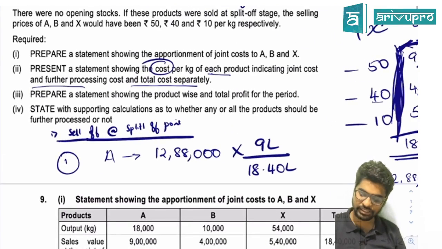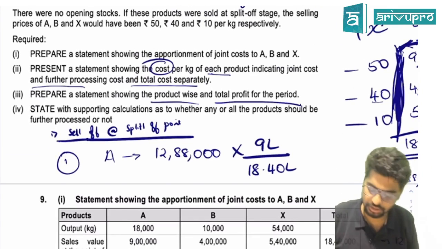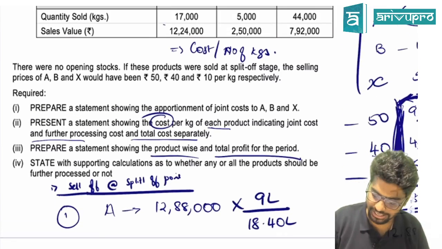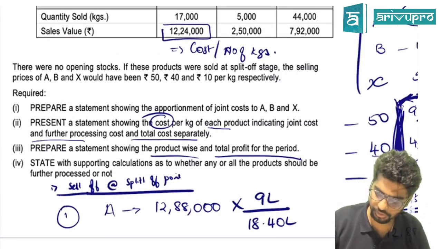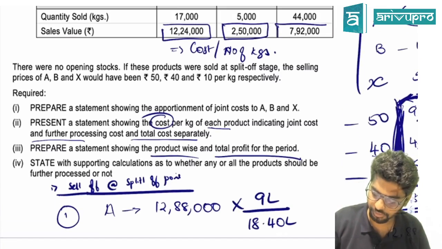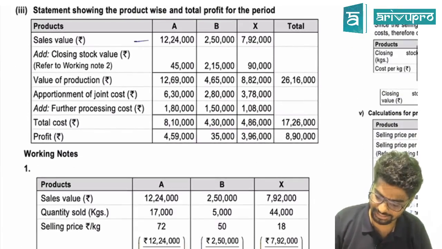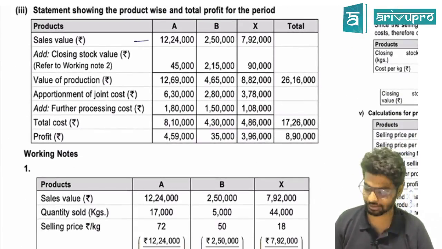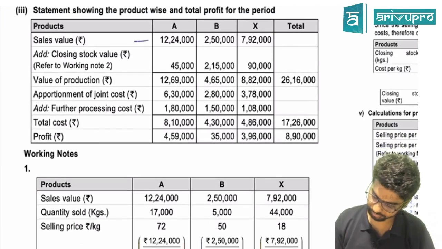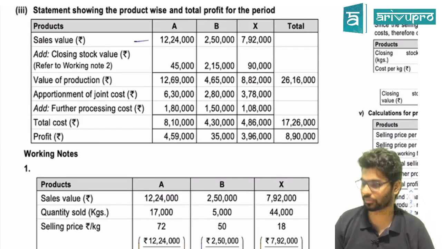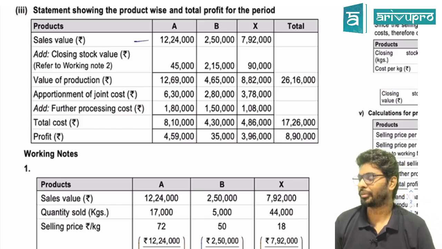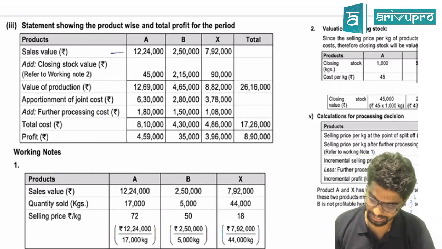Third one, prepare a statement showing what is the total profit for the period. I know the sales value, I know the cost of each of it. So, the third step is easy. Basically, you take the sales, see, I do the other way around, I do not break my head so much into it.